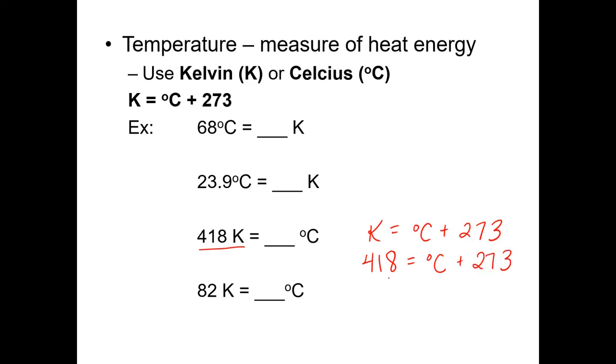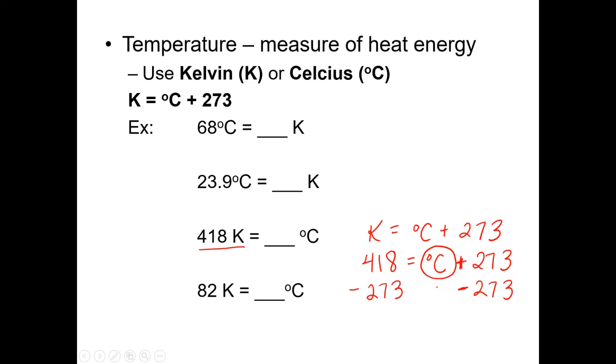That's like my x. Okay, so right now I need to solve for my degrees C. That's my variable. To do that, I need to get rid of the 273. I'm currently adding, so to get rid of it, I will do the opposite, meaning I will subtract 273 from both sides.